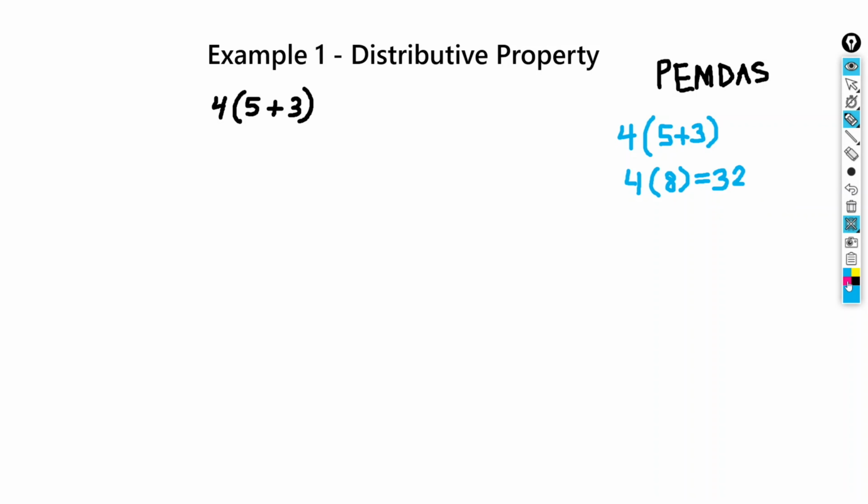If I want to do it via the distributive property, remember we have A times the quantity B plus C is the same as A times B plus A times C. So it'd be 4 times the quantity 5 plus 3 is the same as 4 times 5 plus 4 times 3.